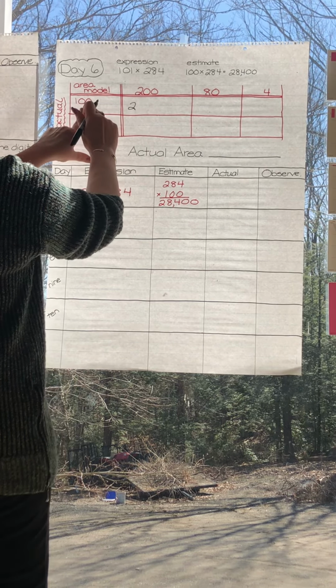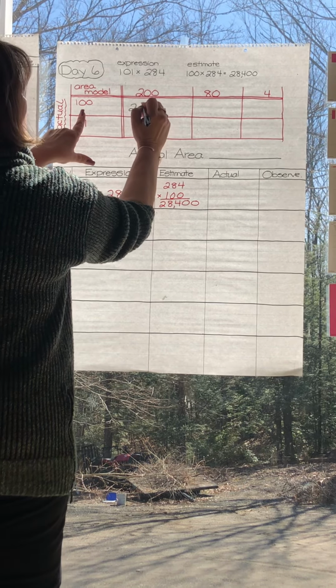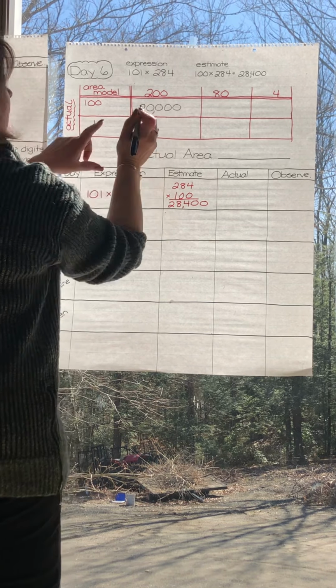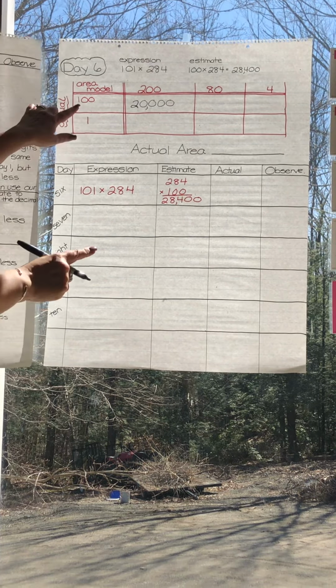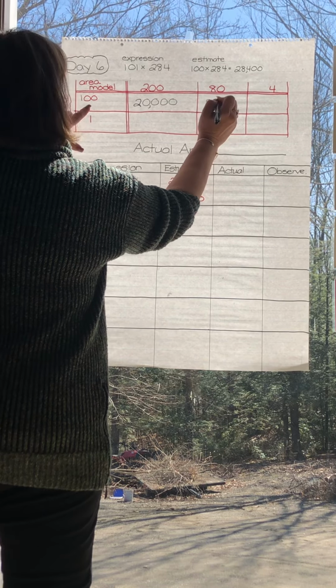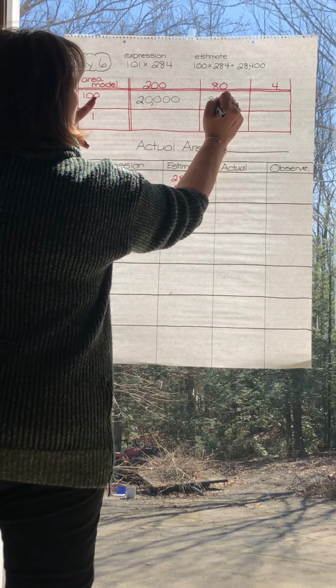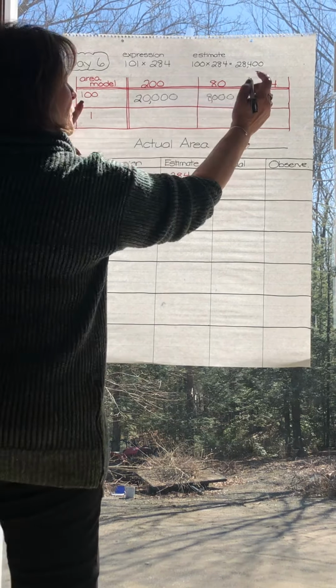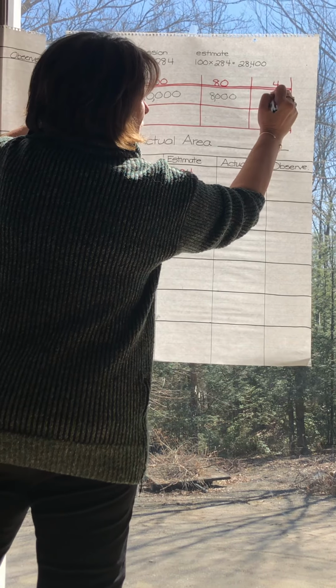And then we have 1, 2, 3, 4 place values to increase it. And then we put in our comma. 100 times 80, 1 times 80 is 80. We increase it by 2 more place values, we get 8,000. And 100 times 4 is 400.